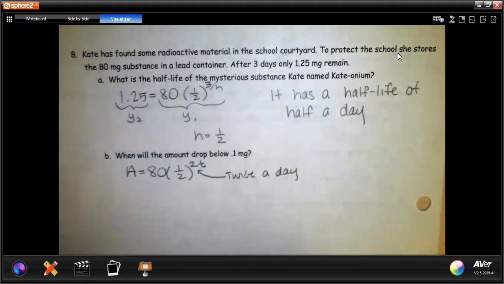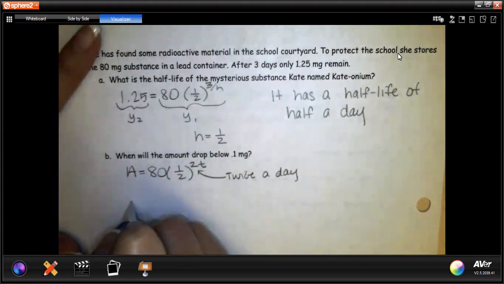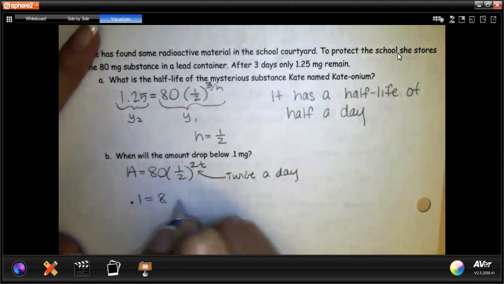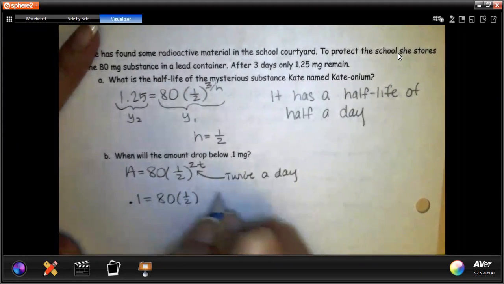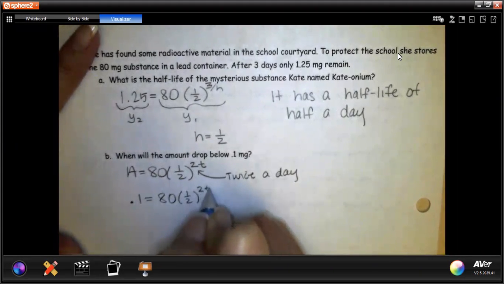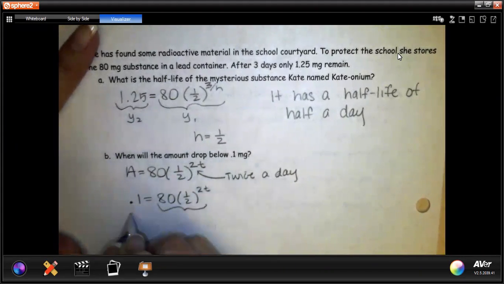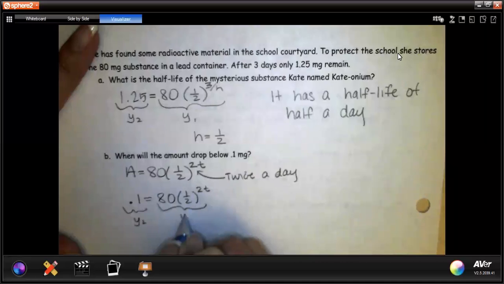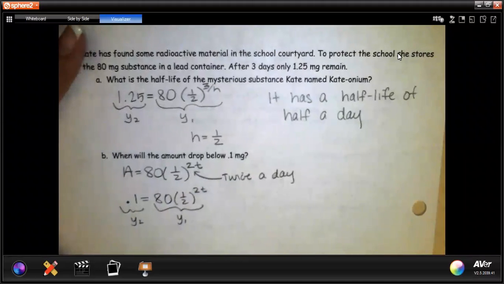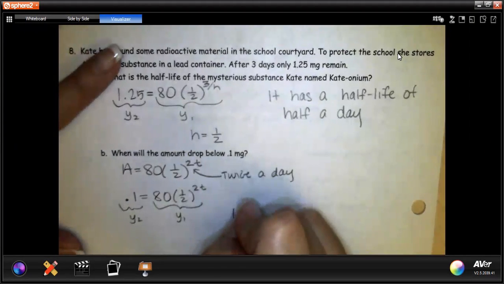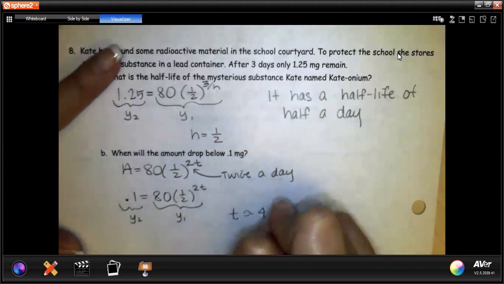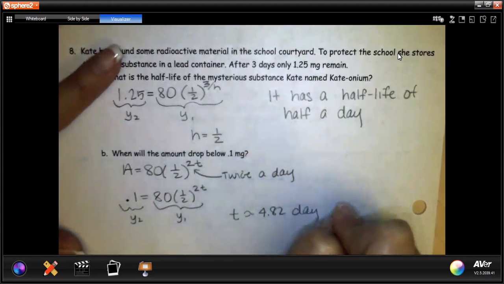So our equation would be multiplied 2 times each day there. And then to find when it's below 0.1, again, we would put 0.1 on the amount. And we would solve for this t by taking this and plugging it into y1 and y2. We find the intersection, and our time would be approximately 4.82 days.